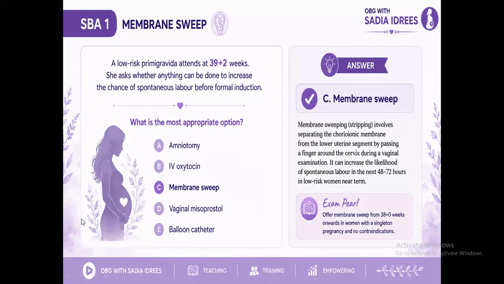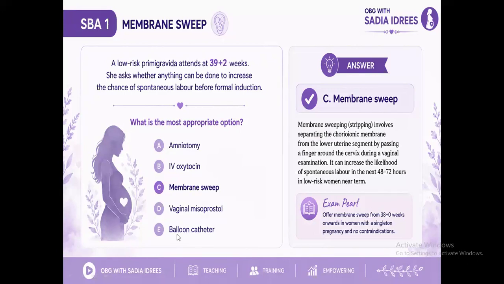And notice the gestation in the question, 39 plus 2 weeks. That is your clue. According to NICE, at antenatal visits after 39 weeks, women should be offered a discussion about whether they would like a vaginal examination for membrane sweeping.